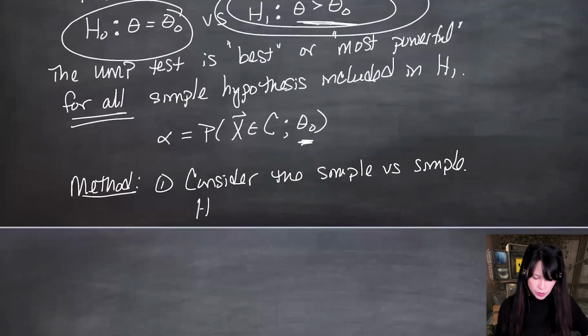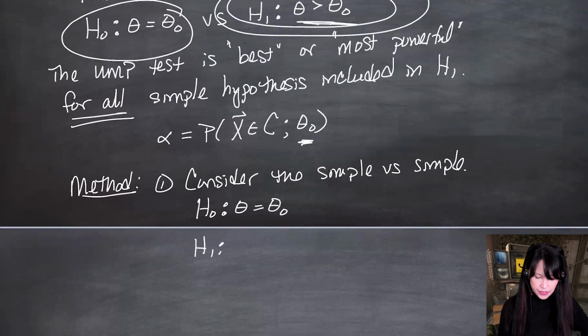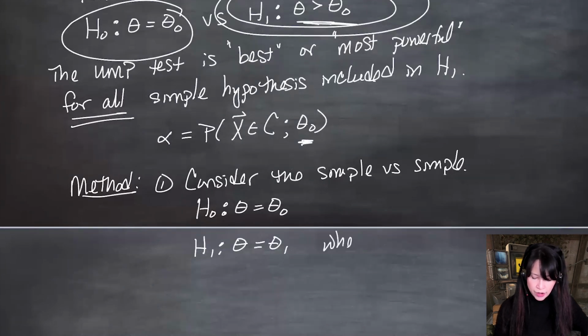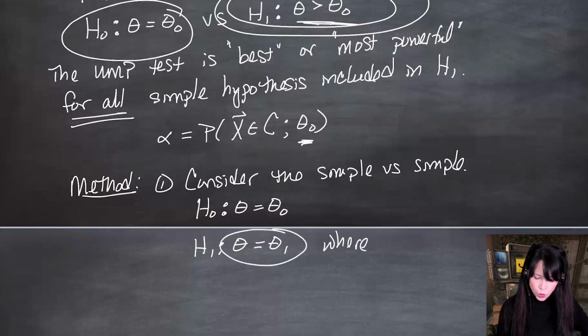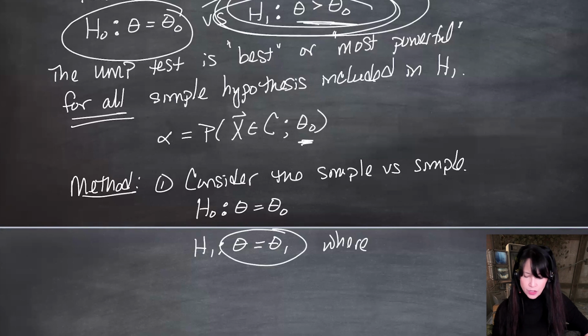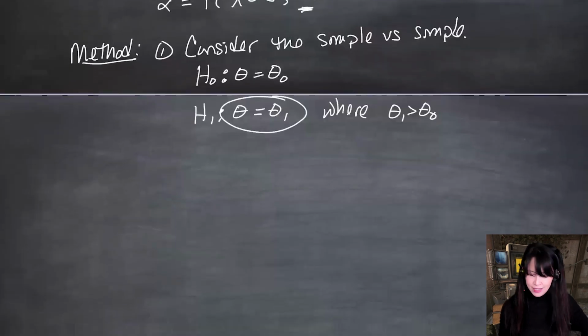The first thing I would do would be to simplify it to a simple versus simple, theta equals some theta 1, where this is one hypothesis picked out of all of these hypotheses, so where theta 1 is some number greater than theta naught.